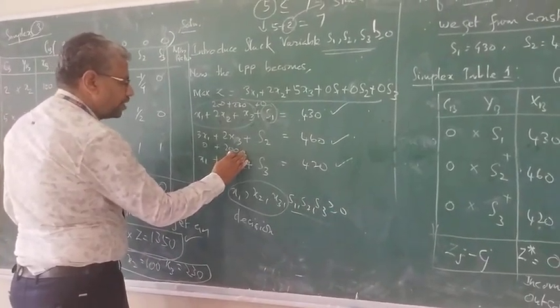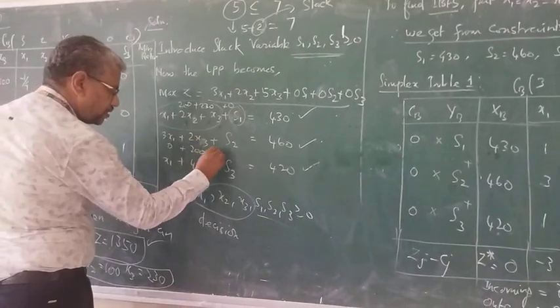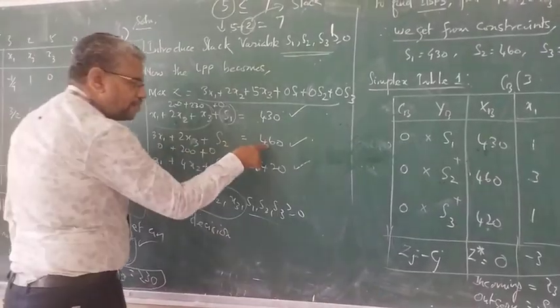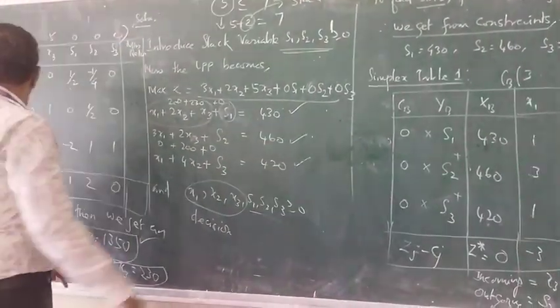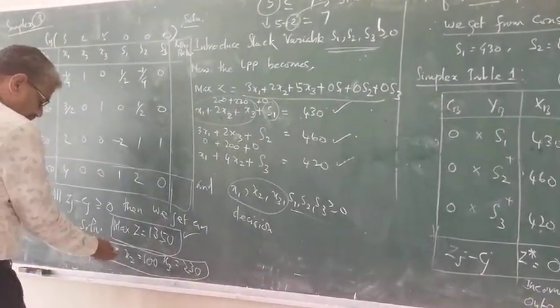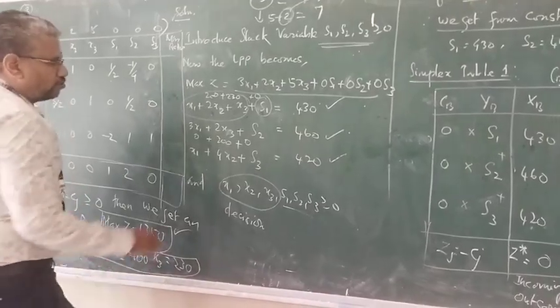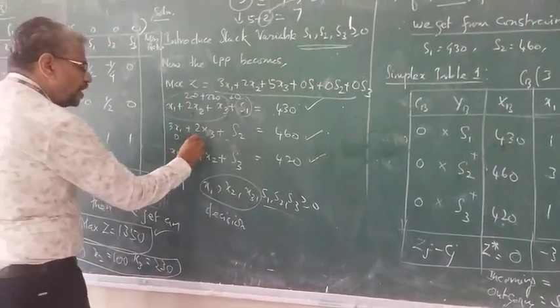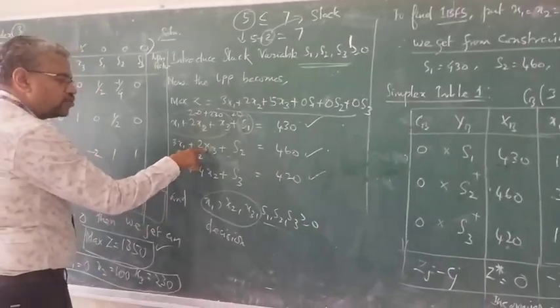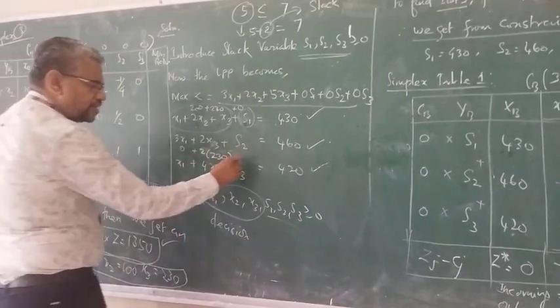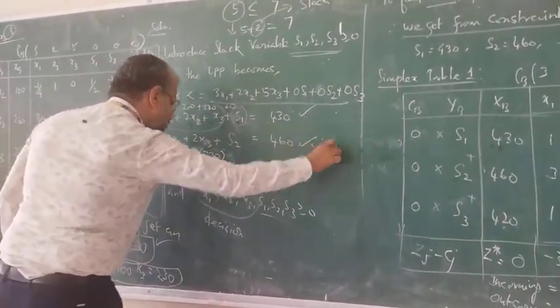3 into x1 plus 2 into x3 plus s2. s2 is 0. So 200 must be less than or equal to 460. Oh, sorry, one second. 2 into x3 value, this is not x2, it is x3. x3 is 230, so 2 into 230 is 460. So the answer is correct.